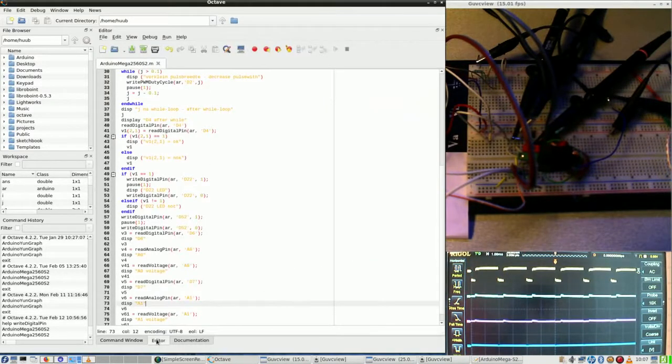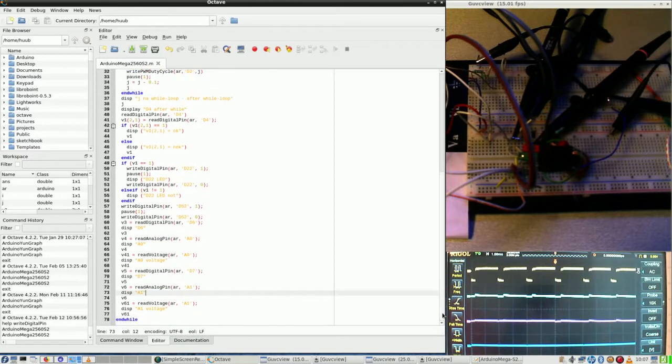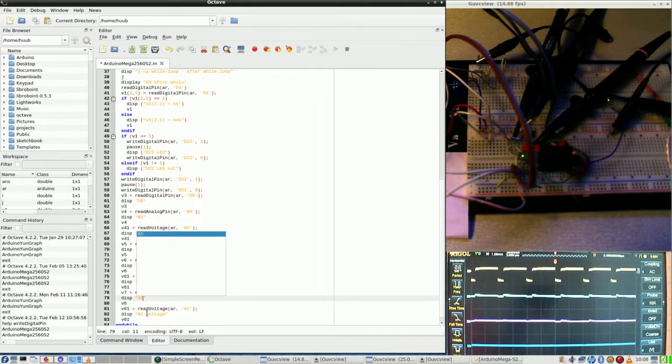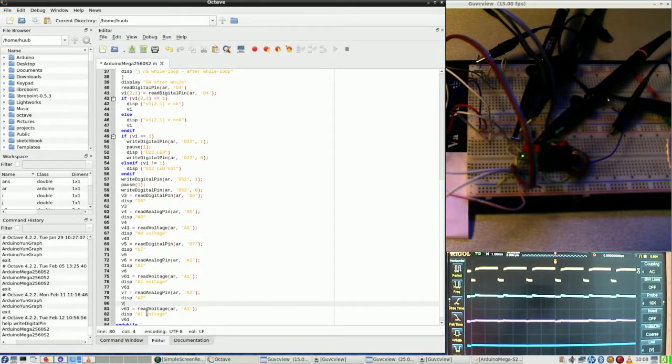Then back to this one. That will be then this whole thing. Copy here, where we will have V7 is A2, A2, V7, V71, A2, A2, and 71.